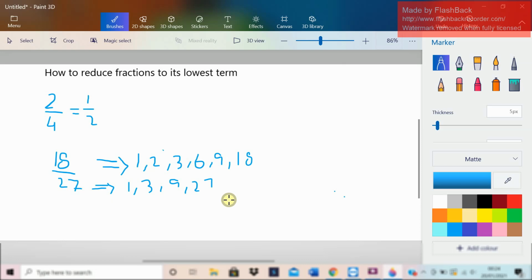So we reduce the fraction by dividing both the numerator and denominator by their greatest common factor, that is 9.